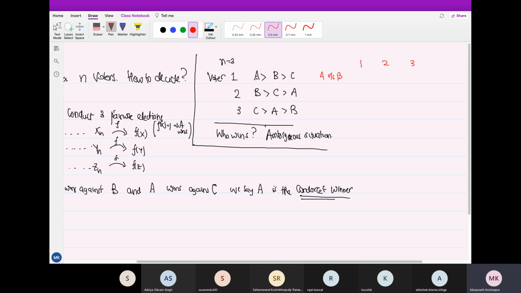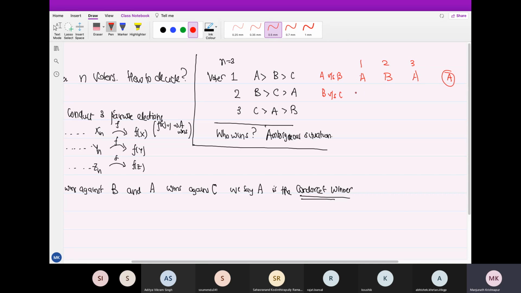In the A versus B election, voter 1 votes for A because he prefers A to B, voter 2 votes for B, and voter 3 votes for A. If we are using the majority function, A wins.